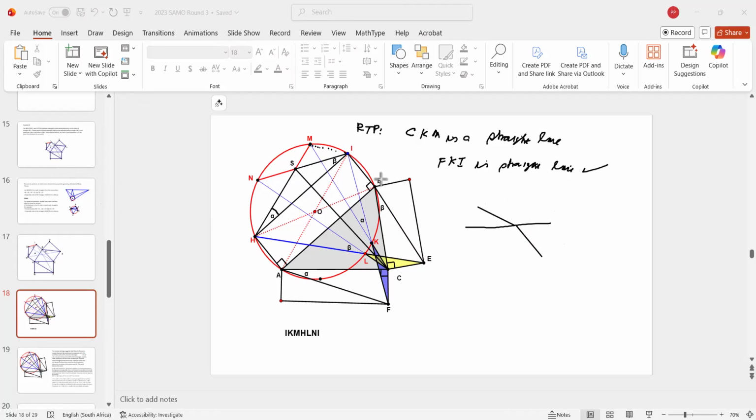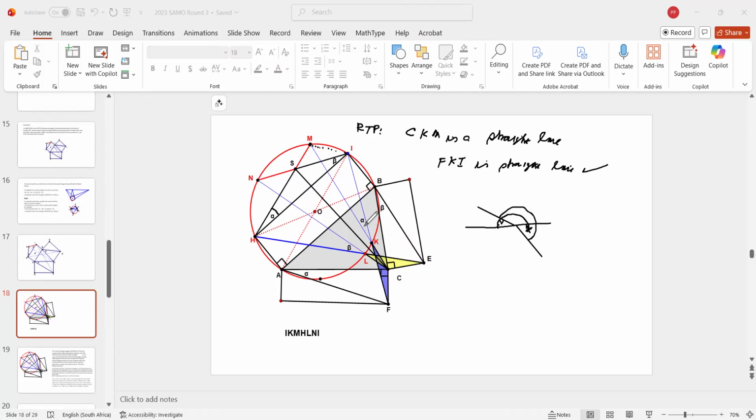If I can show that these two angles, X and Y, are equal, I already know that this is a straight line. So these two add up to 180. Therefore, if I know these two are equal, then those two add up to 180, which makes this into a straight line. So all you need to show is that the vertically opposite angles are equal.